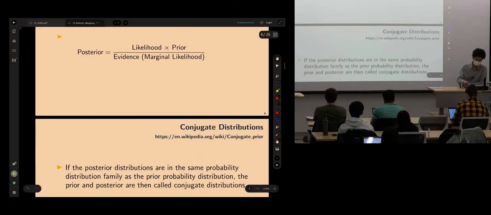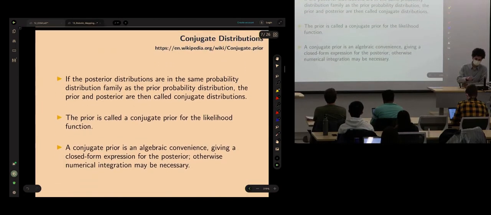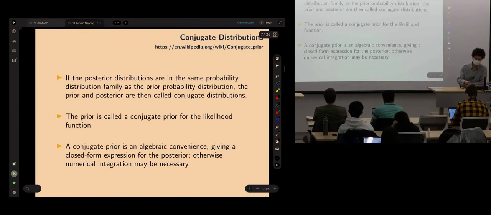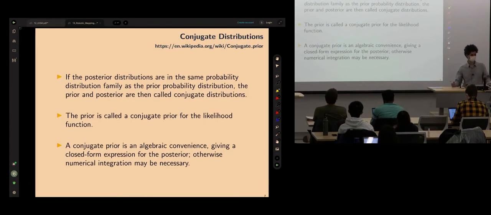Now in this case, we're going to use another idea that leads to a very efficient inference method that will also give us the variance. And that's based on the notion of conjugacy in statistics. If the posterior distribution is in the same distribution family as the prior, then the prior and posterior are called conjugate distributions.